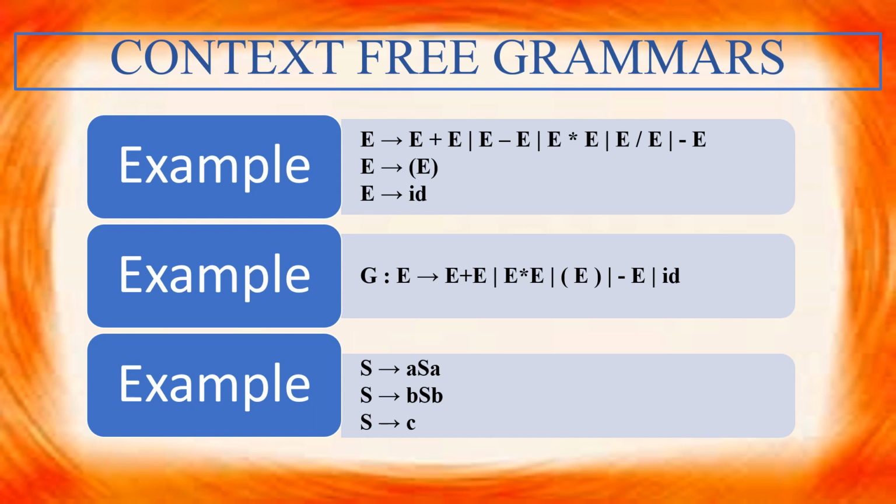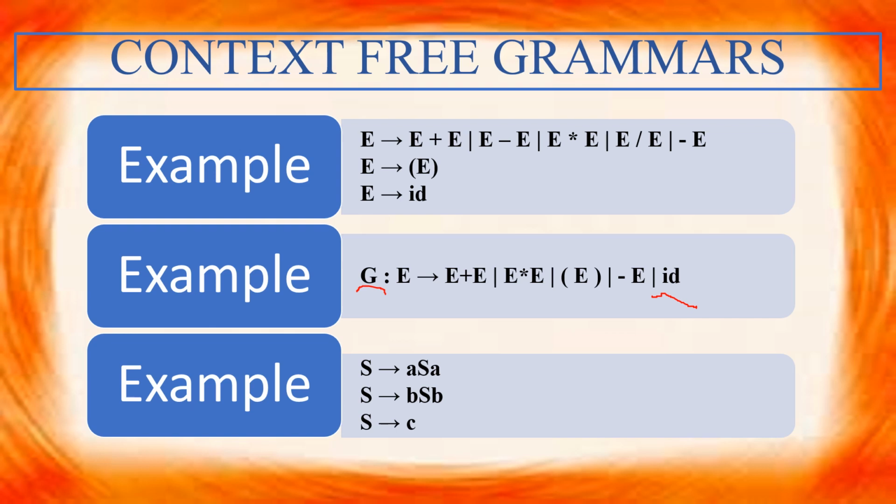So all the capital letters are non-terminals and ID is called the terminal. Here G is a context-free grammar, and ID is a terminal and all other variables are non-terminals.